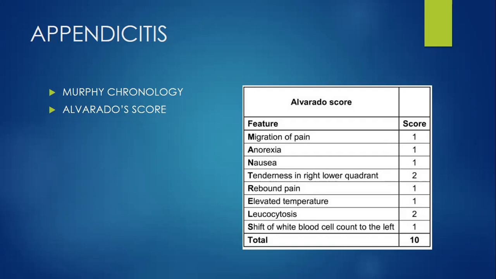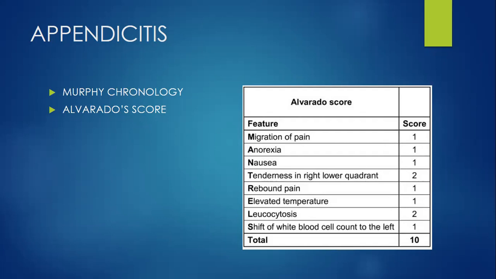In Spanish, cronología de Murphy, for appendicitis. I don't know. Okay, what about Brisa? Sorry, you mean like the three things together, the symptoms, the signs, and the laboratory?